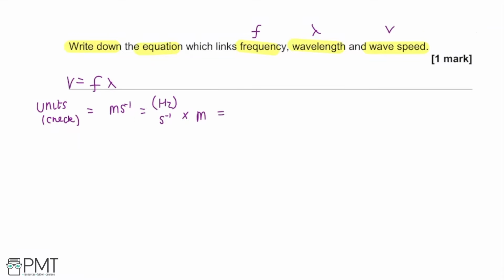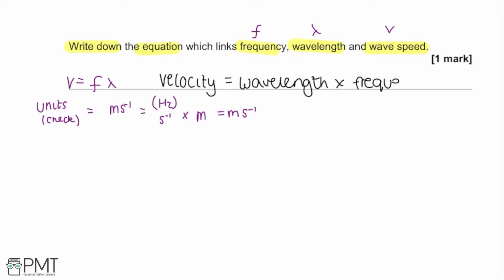And that is going to equal meters per second when they're multiplied together, so that checks out with the units for velocity. So then I can simply write this equation down using the exact terms I've used in the question. So velocity is equal to wavelength multiplied by frequency. And that will gain us the mark here.